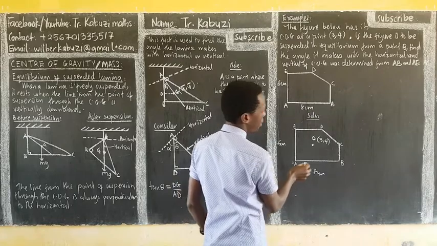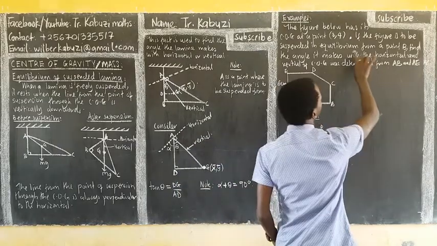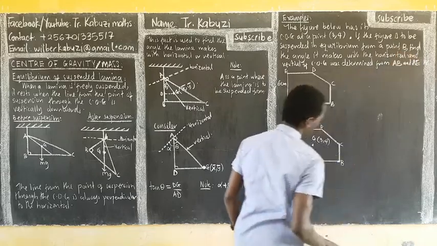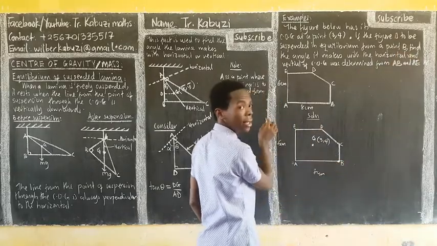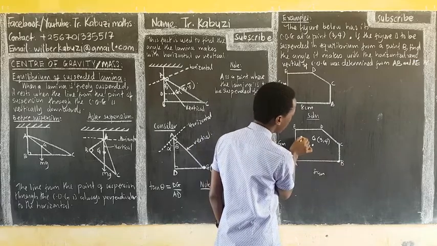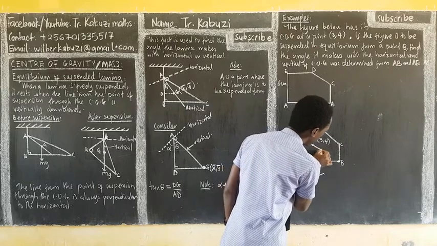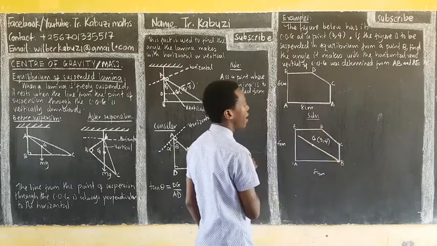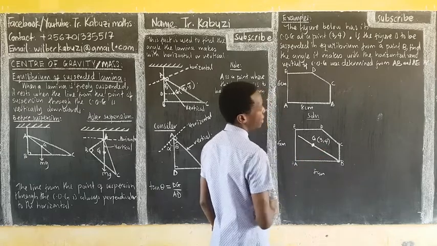Now, from AB, of course, because it is suspended from B, to be suspended in equilibrium from B, it means that my vertical is going to be from here passing through that B. So if I am to draw this, the vertical is going to pass through the center of gravity. Now that is my vertical, passing through the center of gravity there.